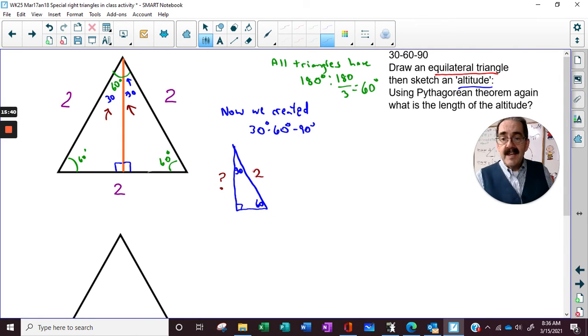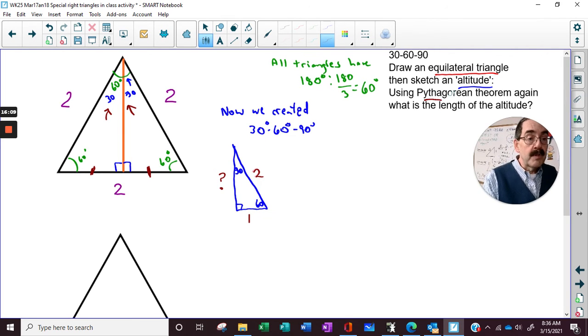What do you guys think is the measure of these two segments? Pause the video, have a discussion. Once we get the idea that a 30, 60, 90 is nothing more than an equilateral triangle cut in half, we have some magical things that happen. Alright, welcome back. There's a 1.